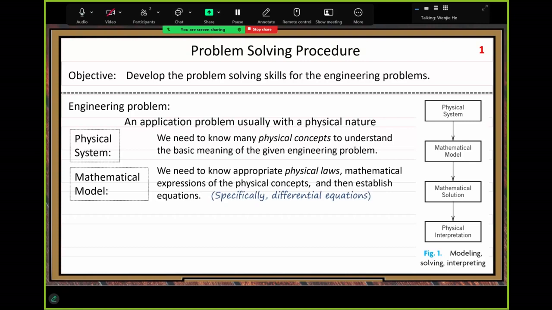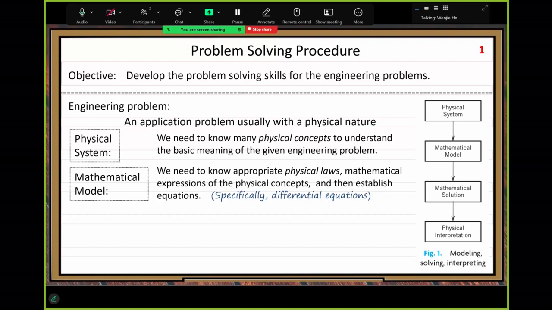Third one. So what kind of model? Too abstract, right? Basically, we use differential equations to represent our model. That gives you the specific form of the model: differential equations, ODE or PDE, partial differential equation.